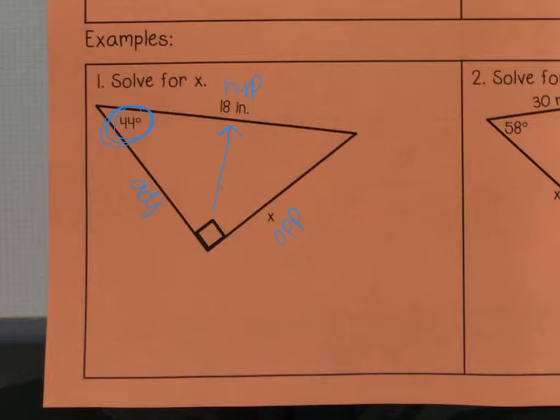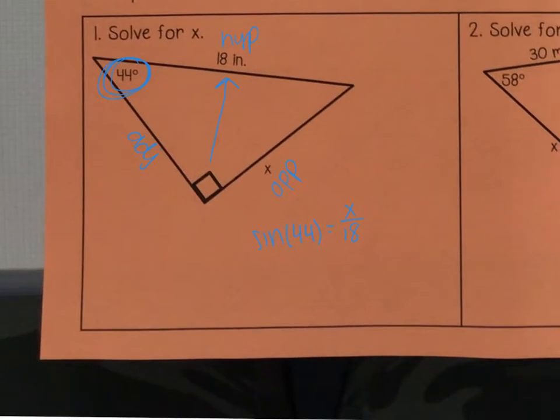Why do you know that? Because of SOH CAH TOA. So we've got opposite and hypotenuse, so we use sine. So sine of 44 equals x over 18, because it's O over H.